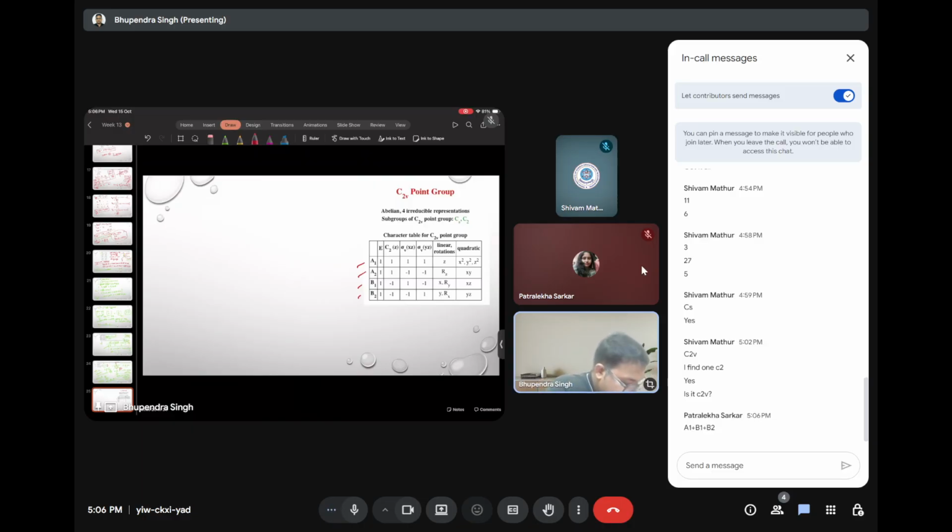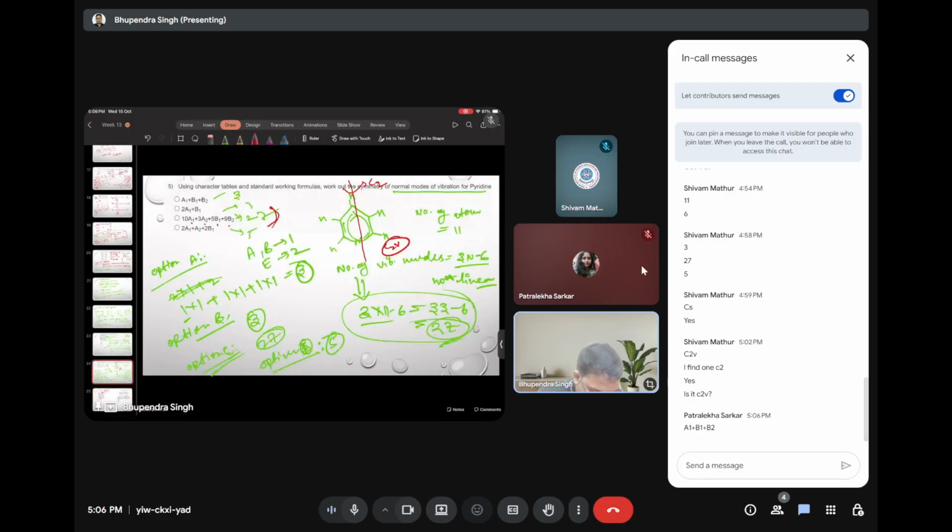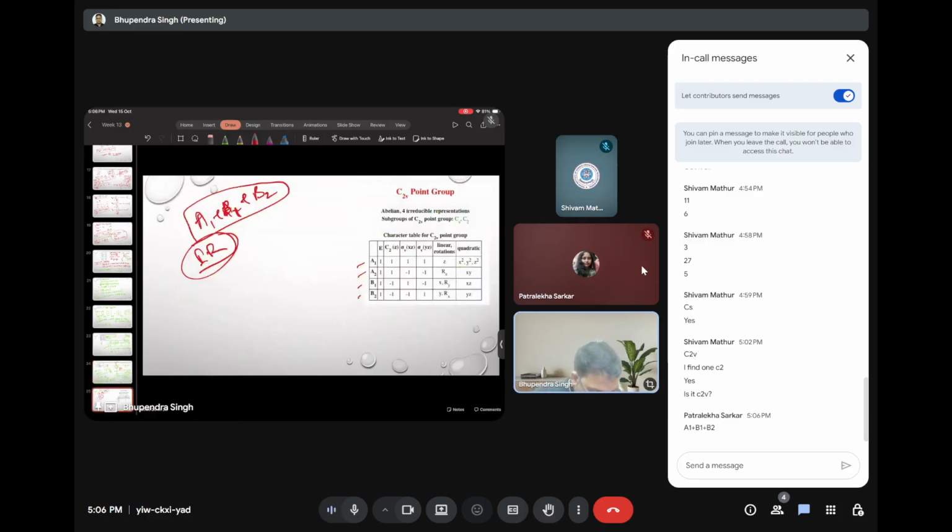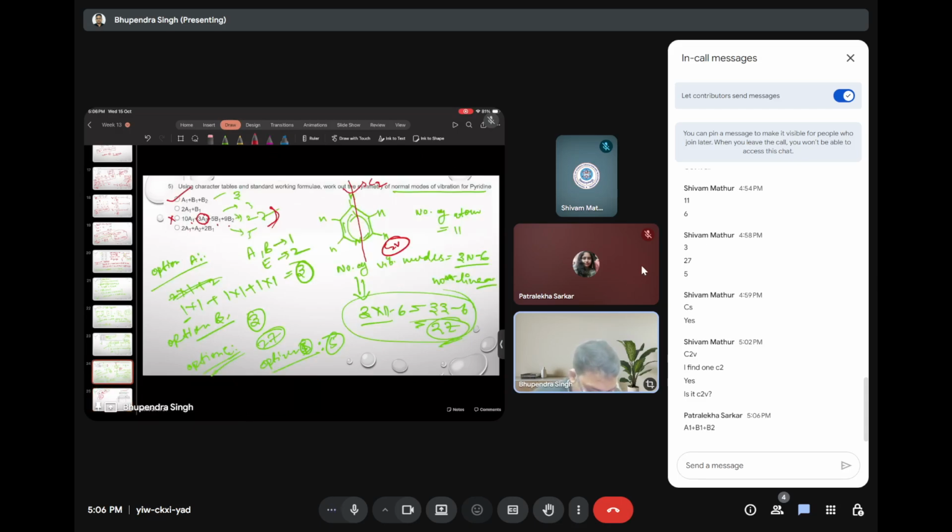So you are correct. These are IR active. So this option is not correct because it contains A2. Which option is this? A1, B1 and B2, this option only. Here we have A2, here we don't. So this rules out. Here we don't have B2. So this rules out. Only option 1.